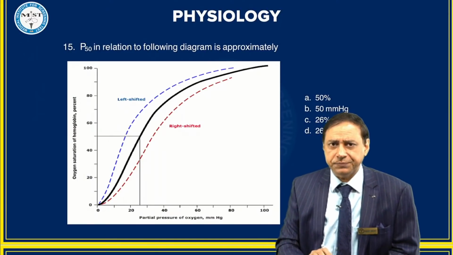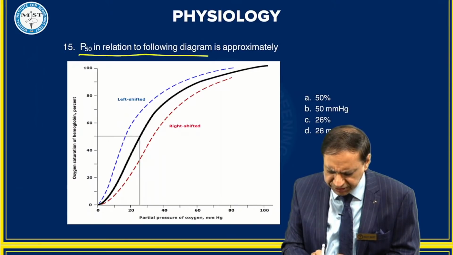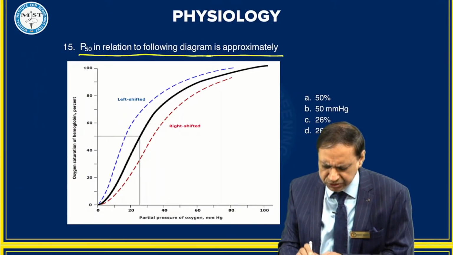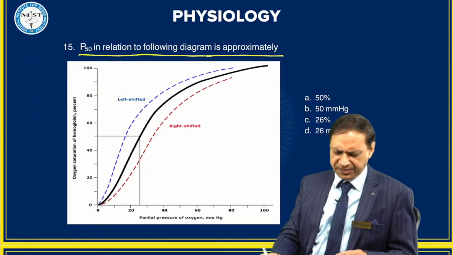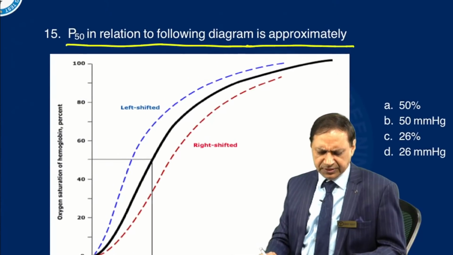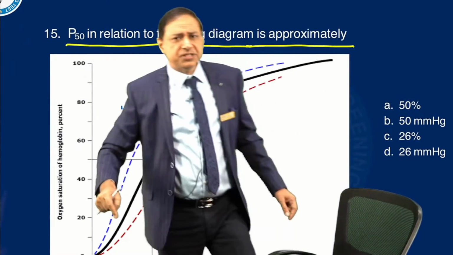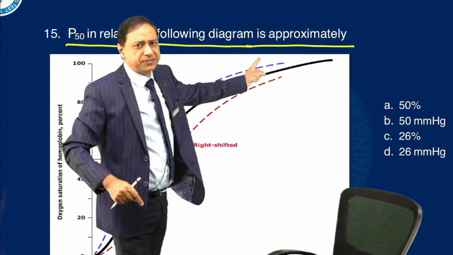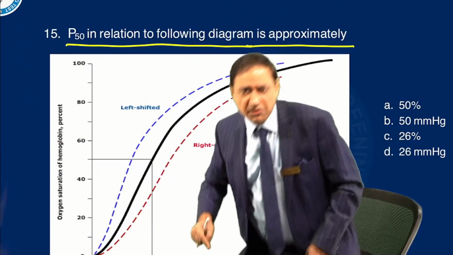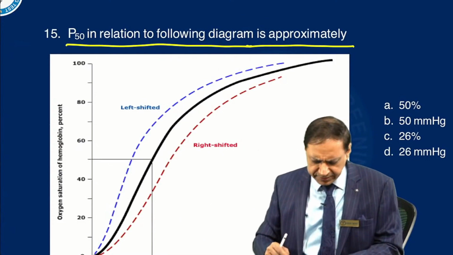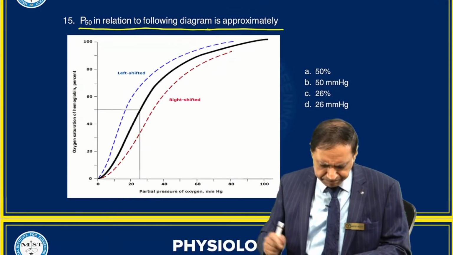Just see the next question. P50 in relation to the following diagram is approximately what? P50 is actually the partial pressure where hemoglobin is 50% saturated. At what partial pressure is hemoglobin 50% saturated? Just see this.